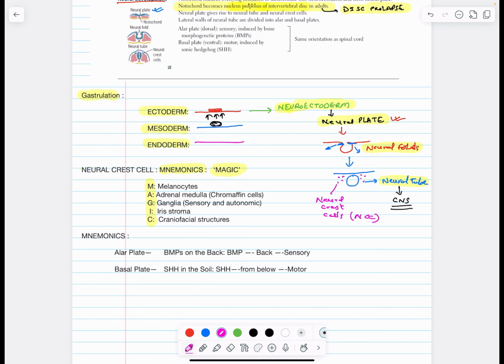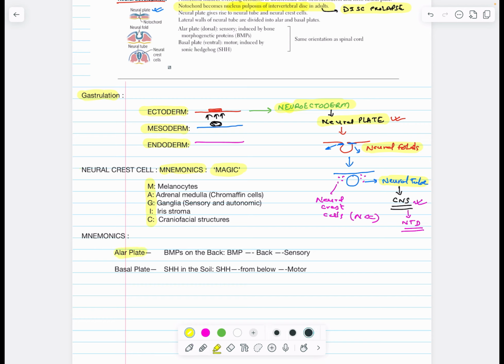Now the most important part: the neural tube is formed, but its lateral wall differentiates into two key regions. The alar plate, which is dorsal, becomes sensory neurons, and the basal plate, which is ventral, becomes motor neurons. This division follows a gradient of molecular signals.